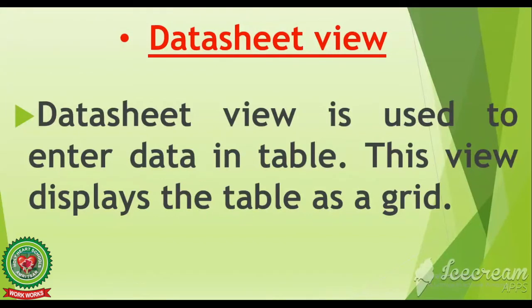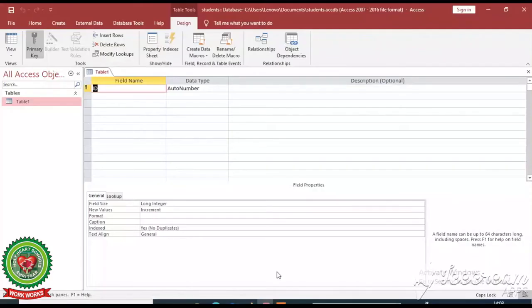Datasheet view. Datasheet view is used to enter data in table. This view displays the table as a grid. The fields are displayed as columns and the records are displayed as rows. I'll show you. So students, if you want to see your table in datasheet view, then click on drop down arrow of view, select the datasheet view option.